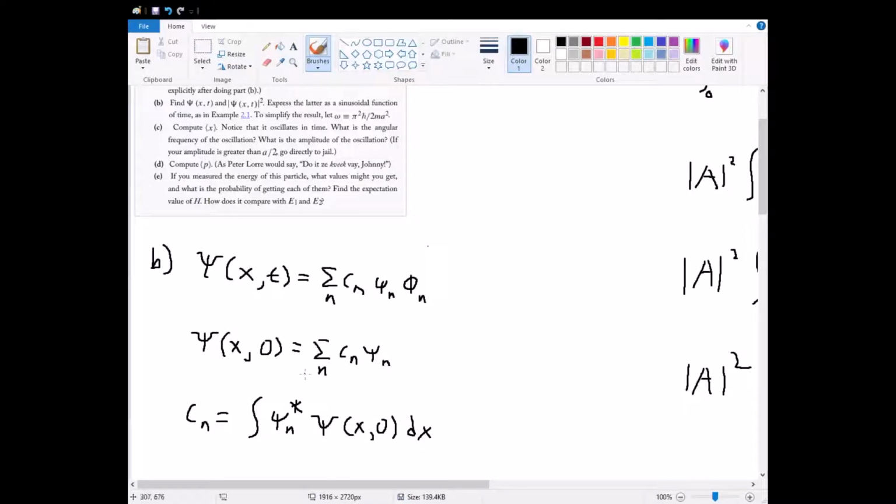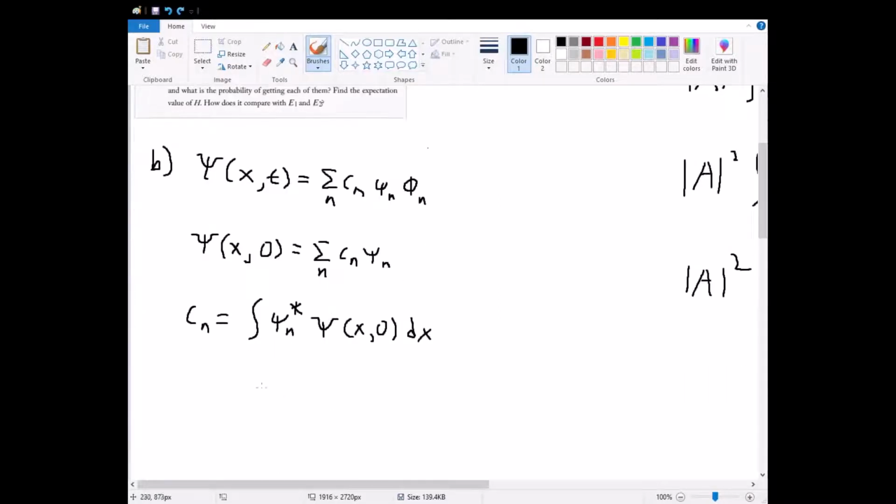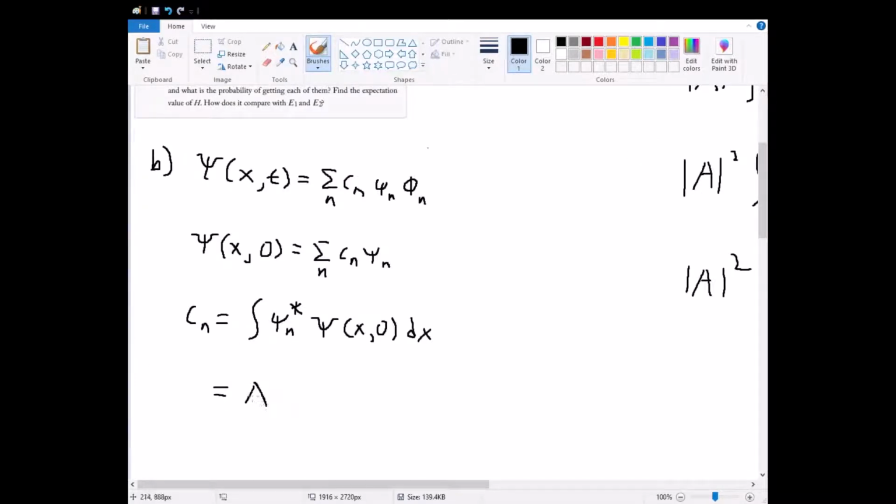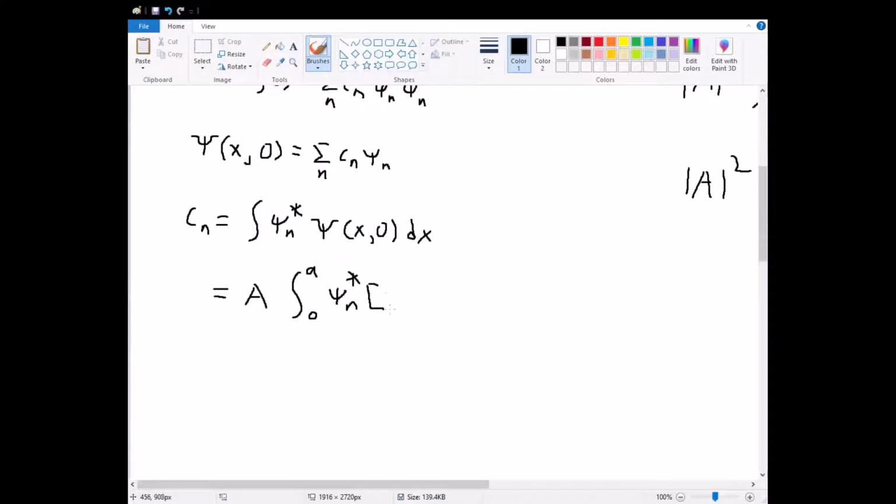So we already have psi of x comma 0, and we also found A, so let's just write this out now. This is going to be equal to, and we have A at the front, so we bring that out of our integral, multiplied by the integral from 0 to a, because once again we're dealing with a square well, psi n star, and then multiplied by our combination of psi 1 and psi 2 states, psi 1 plus psi 2.